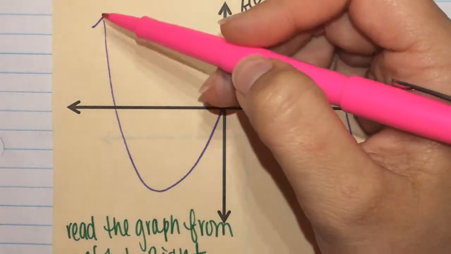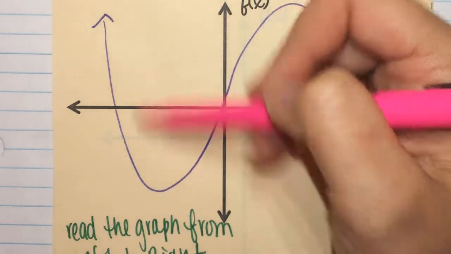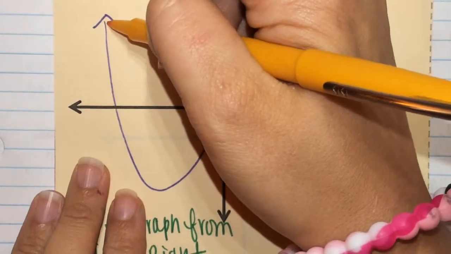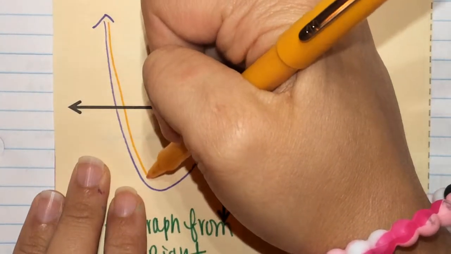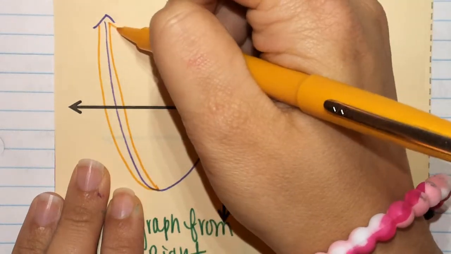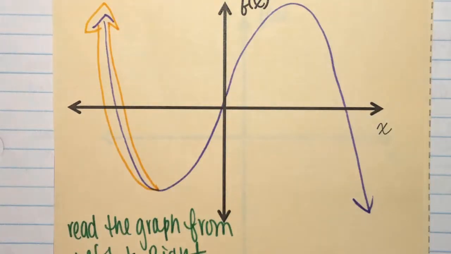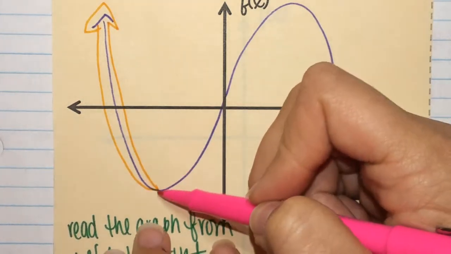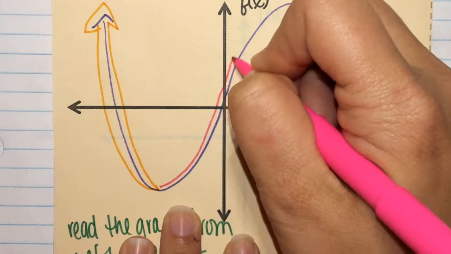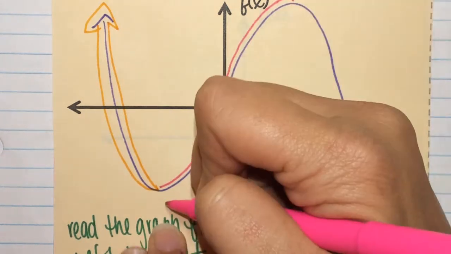From left over here to the right, is this graph increasing or decreasing? It's decreasing. You would fall down this hill and it would stop right here. And once you turn this curve, what would you be doing? Increasing. It's like imagine riding a skateboard from left to right on this hill.